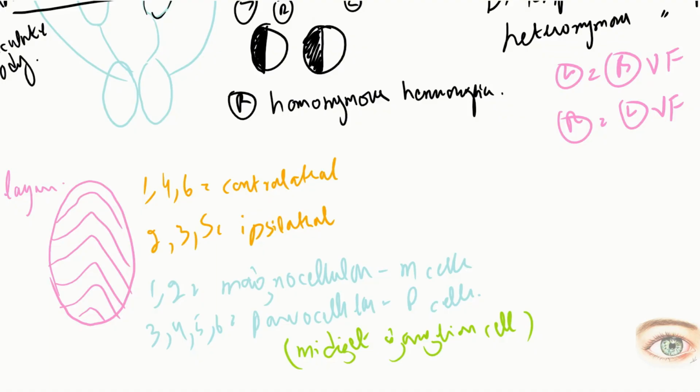Between these cells, between these laminas, we have a different type of cell layer, which is called the coniocellular cell layer.